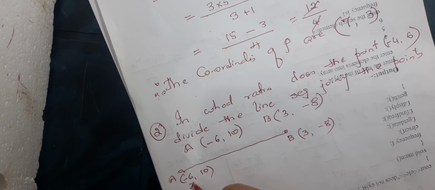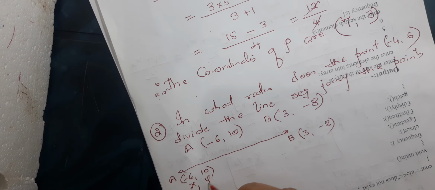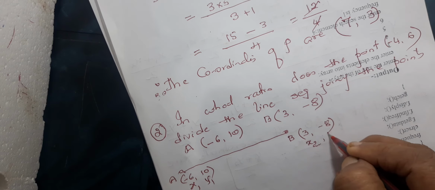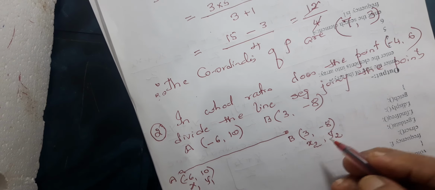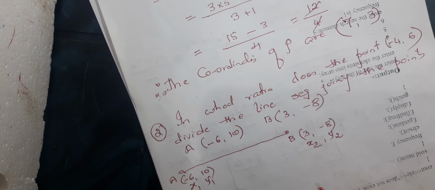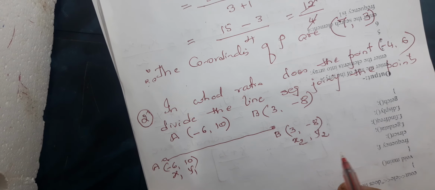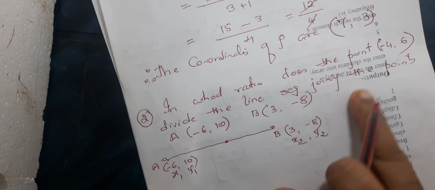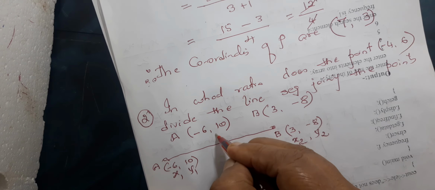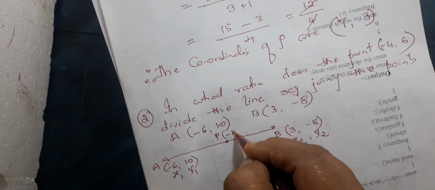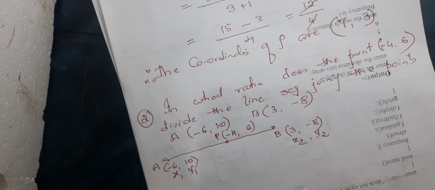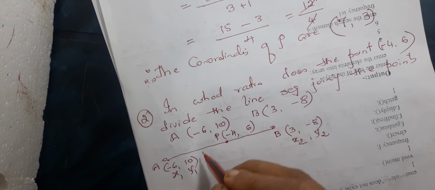Some of you can write it like this, x1 y1. If you feel difficult, you can just write down x2 y2, so that it will be easy for you to substitute. And now they have given the coordinates of the point P. In this problem they have given the coordinates of that point, but they have not given us the ratio.